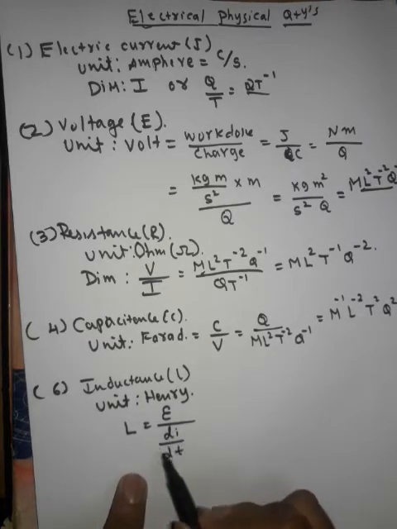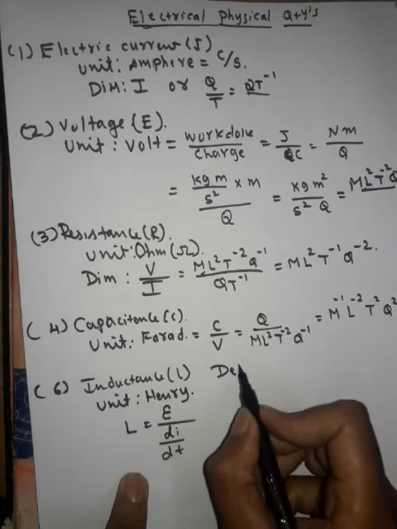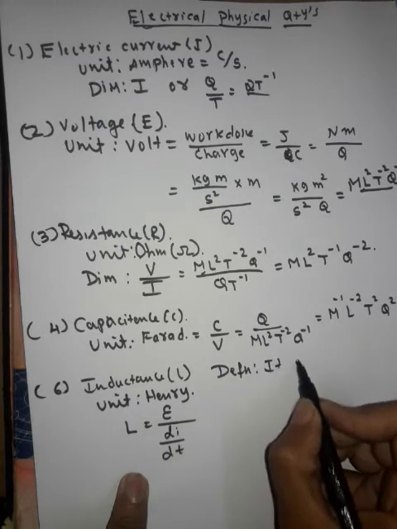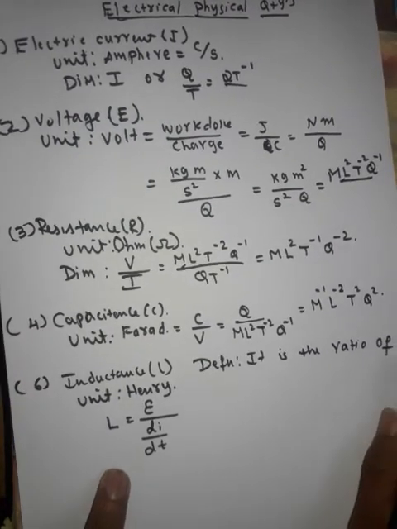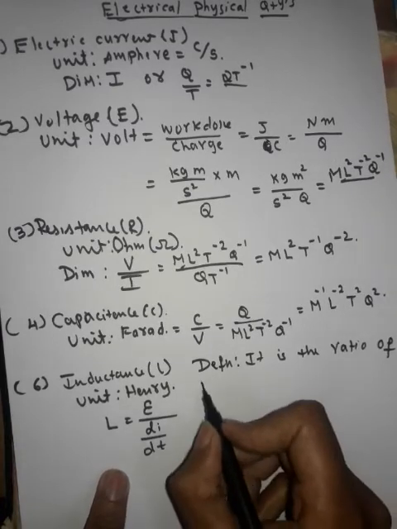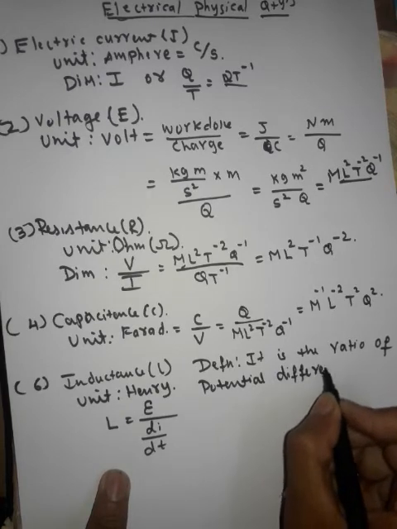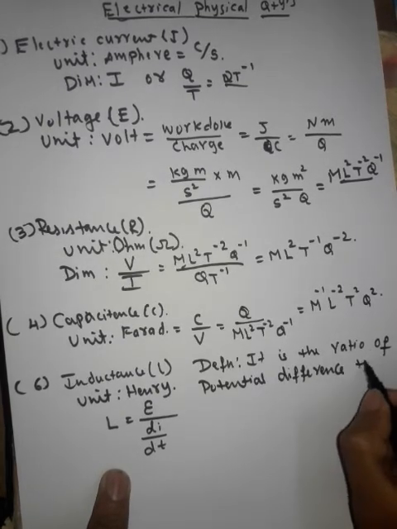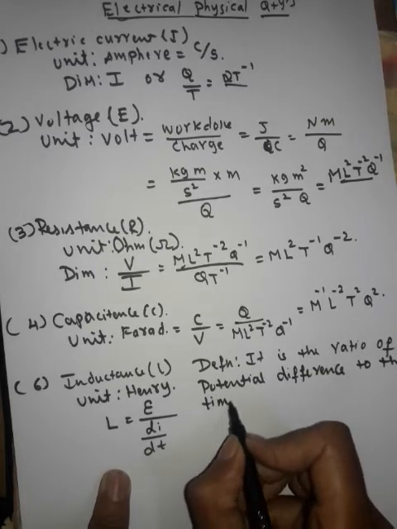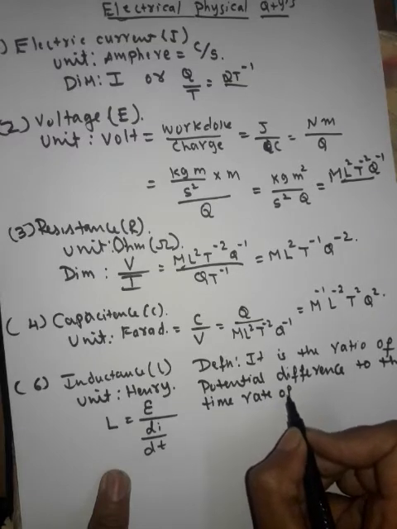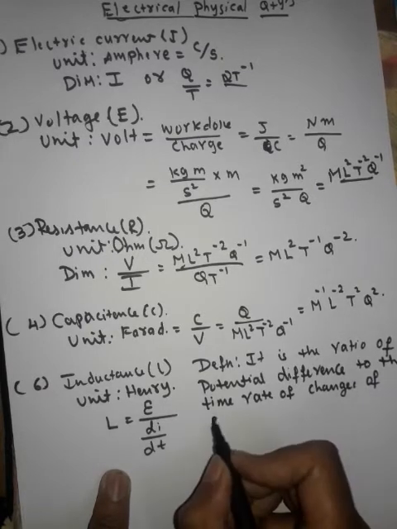See my dear, to understand this one you need to remember the definition of inductance. It is the ratio of potential difference to the time rate of change of electric current.